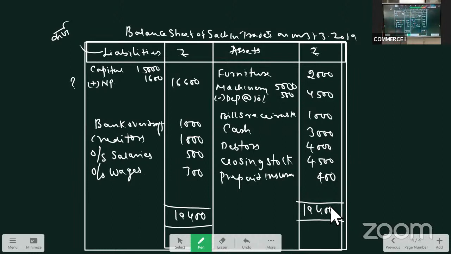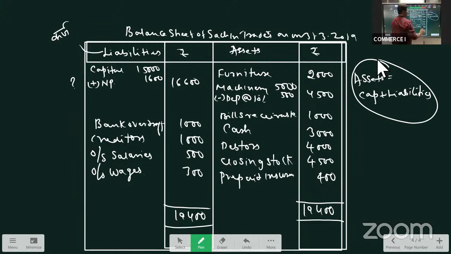And we got the right total on both the asset side and liability side. Remember, balance sheet is prepared on the accounting equation which says assets equal capital plus liabilities. So the balance sheet always should tally. Total assets should be equal to capital plus the other liabilities, isn't it?